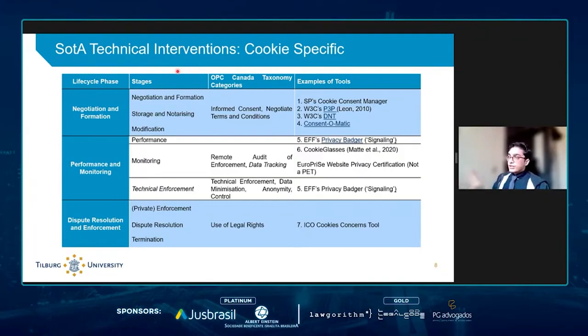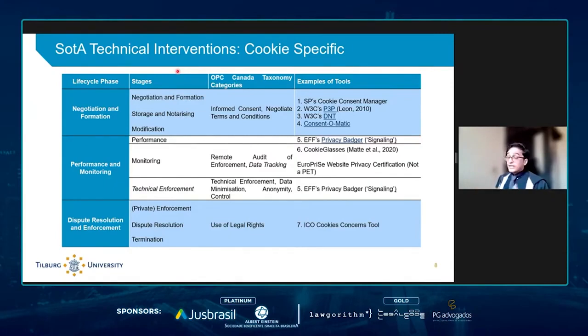Now, the first tool that comes up in our analysis is the cookie consent manager provided by the service provider itself. And I'm not going to go in detail here on that. But perhaps no discussion of privacy enhancing tools, and especially cookie related privacy enhancing tools, is complete without discussing the Platform for Privacy Preferences, which was one of the earliest privacy assistants to exist, and which was quite an interesting idea, and it was quite well implemented also, but it failed to find adoption in the market.